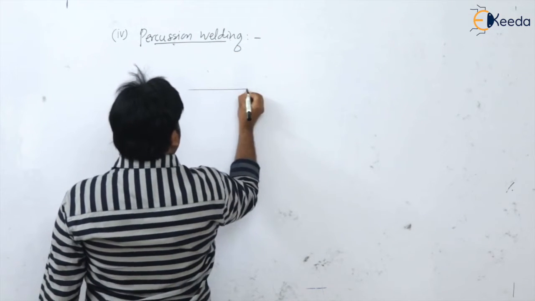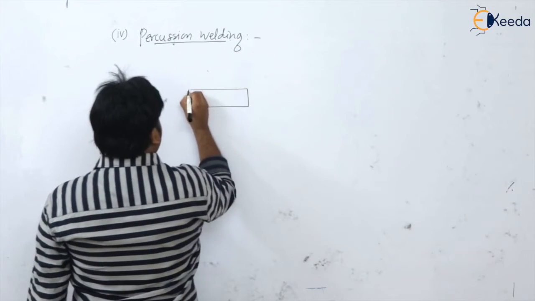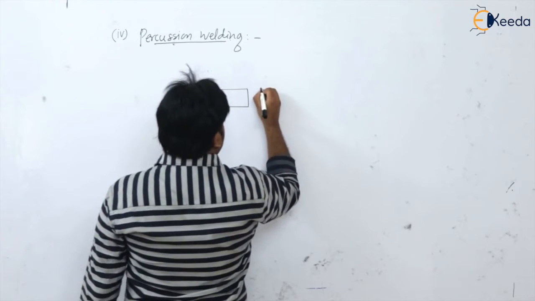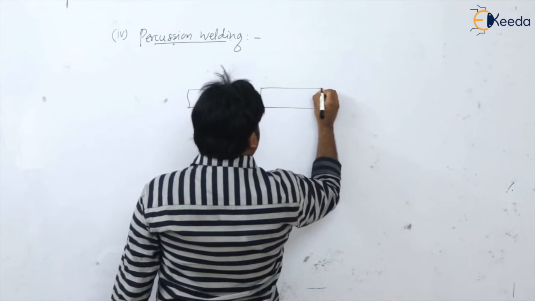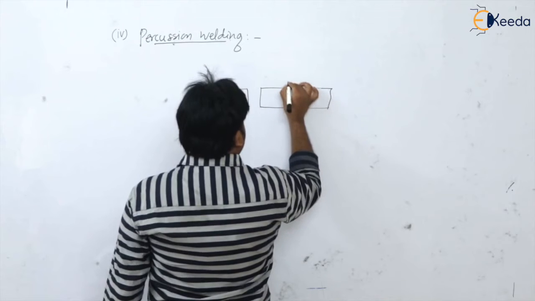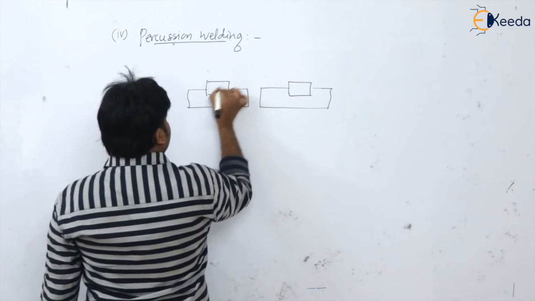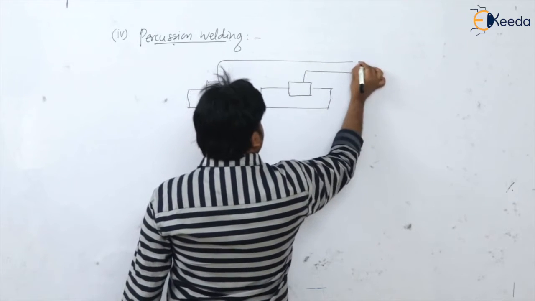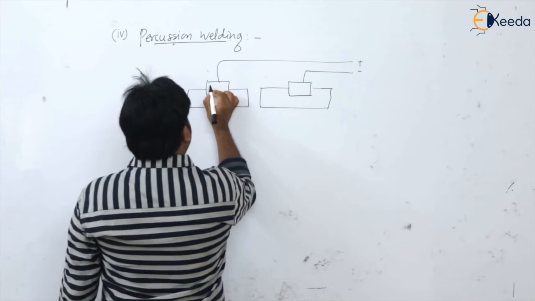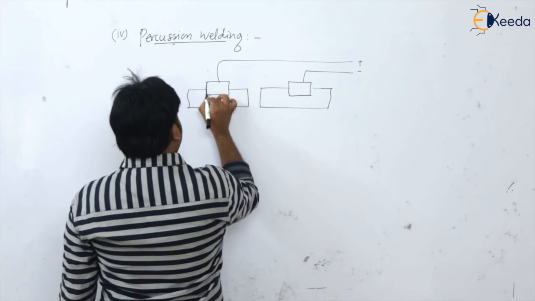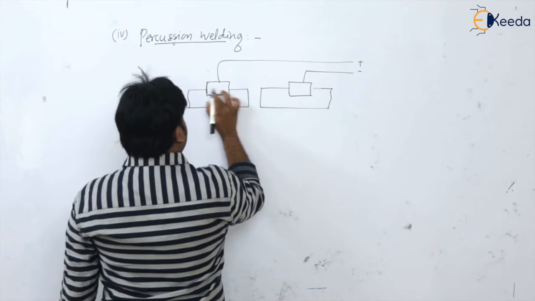Here the two parts which are going to be joined are placed in this position, and there are connectors for heating them. This is the power supply. The parts are placed in front of one another at the edges.